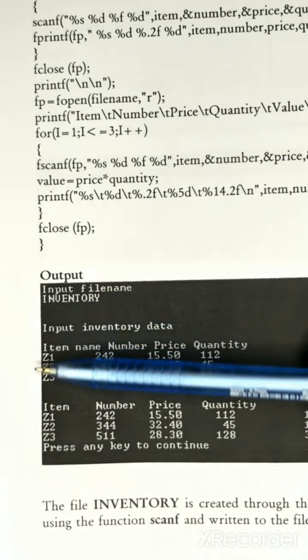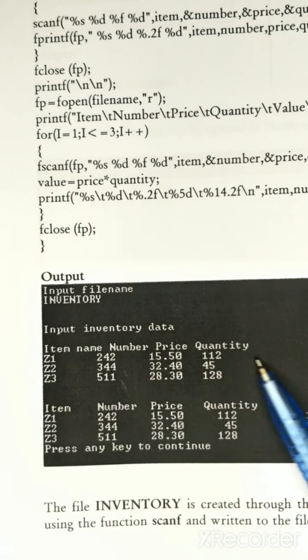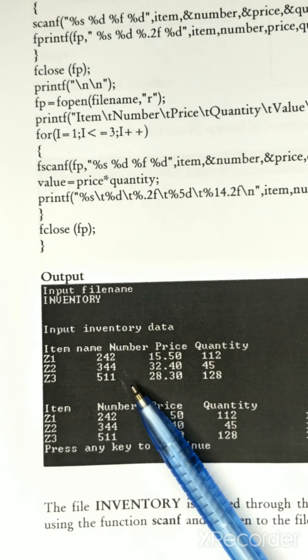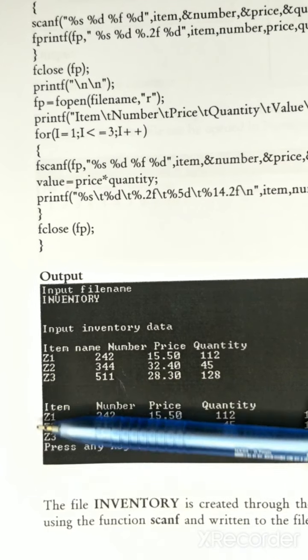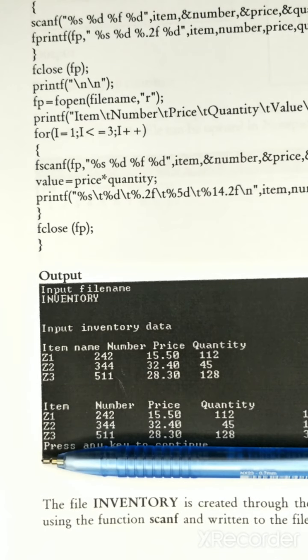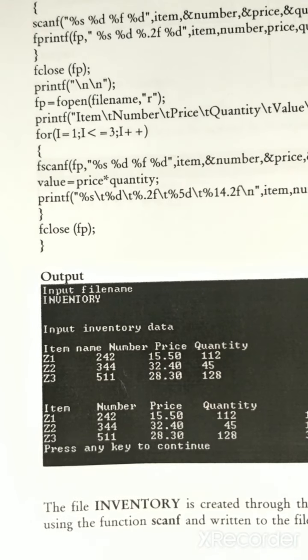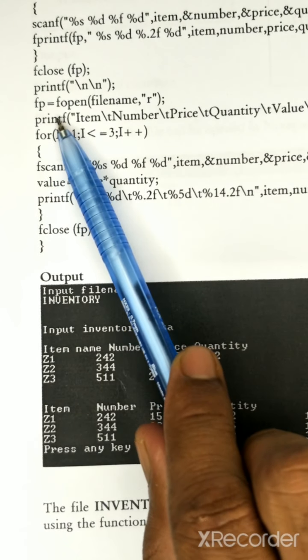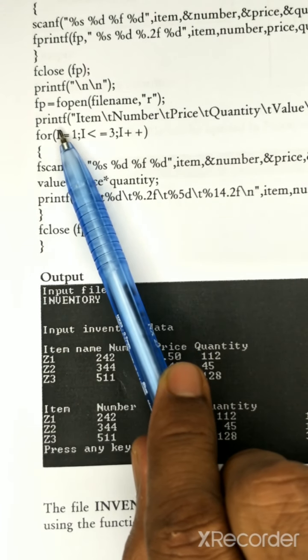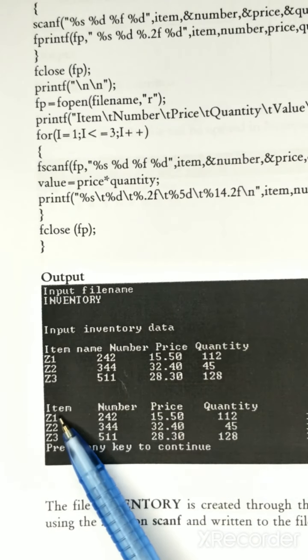All this data, Z1, Z2, Z3, and everything, we key in through the keyboard. The second part here is where we print, which is this part here. If you look here, we just print on the screen everything there, so it comes up here.